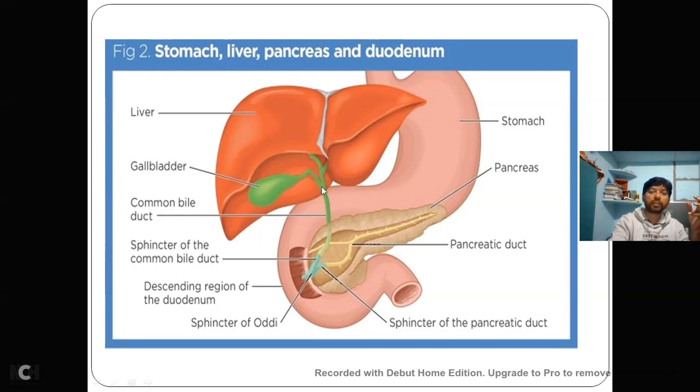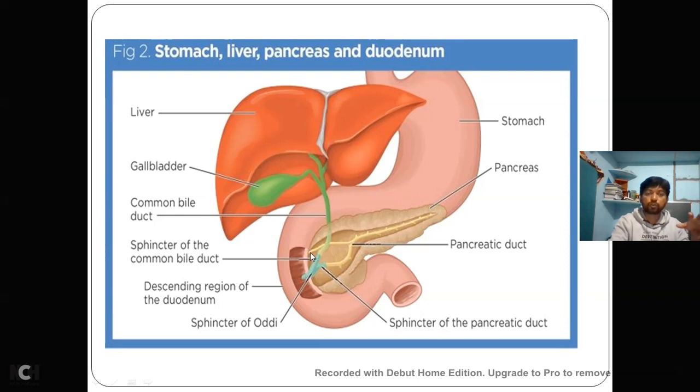That bile and the pancreatic juices secreted by the pancreas, which is located just below the stomach, are released into the duodenum.